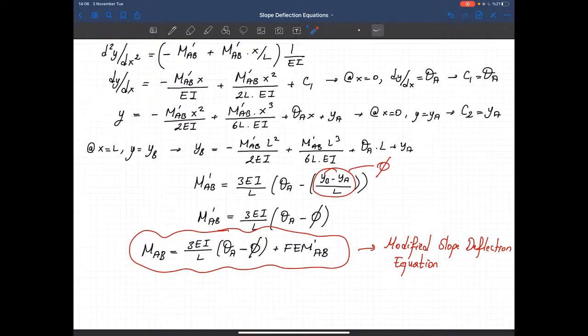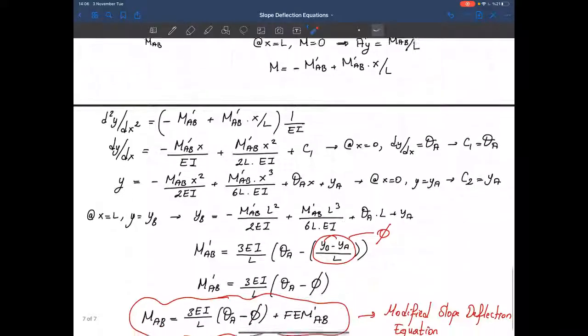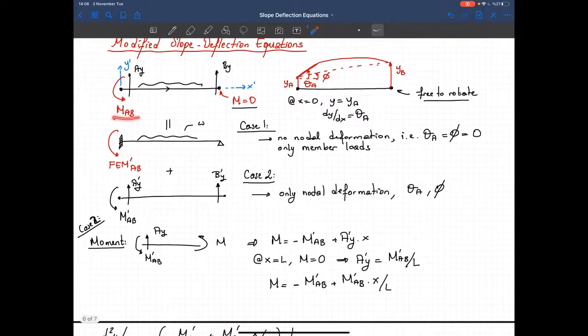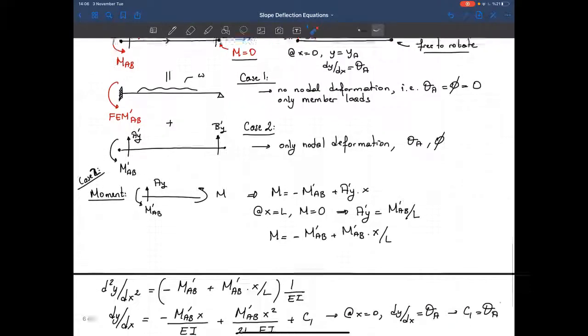Why did I do that? Because you will see that it will help us to simplify our solutions, because in order to obtain the moment value at this end of the member, I didn't use the rotation value at the far end. I don't have to calculate it.